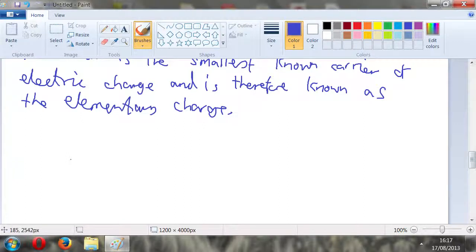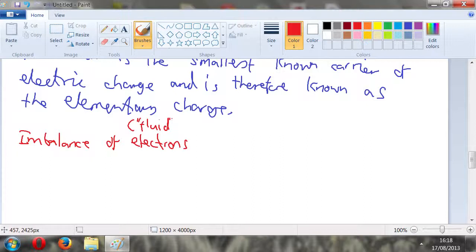So let's go back and finish off this section here. We've mentioned the imbalance of this fluid, the imbalance of electrons, which as we mentioned before, we originally called a fluid, and that is called static electricity. It's not used very much.